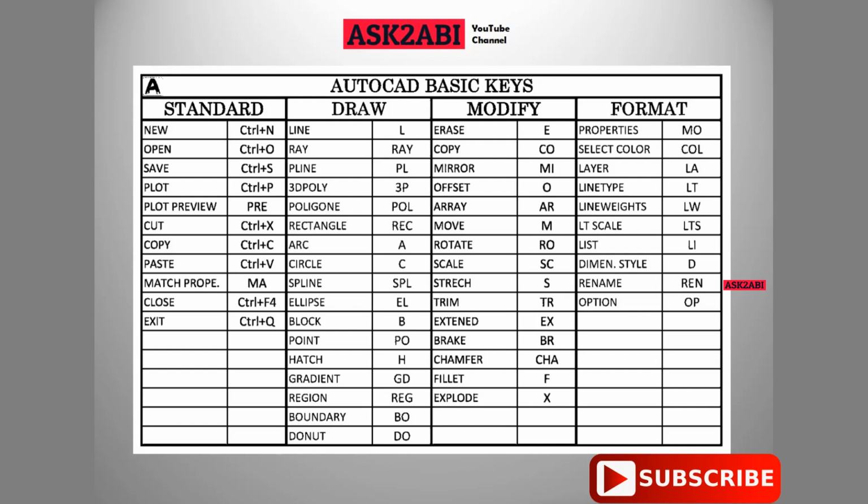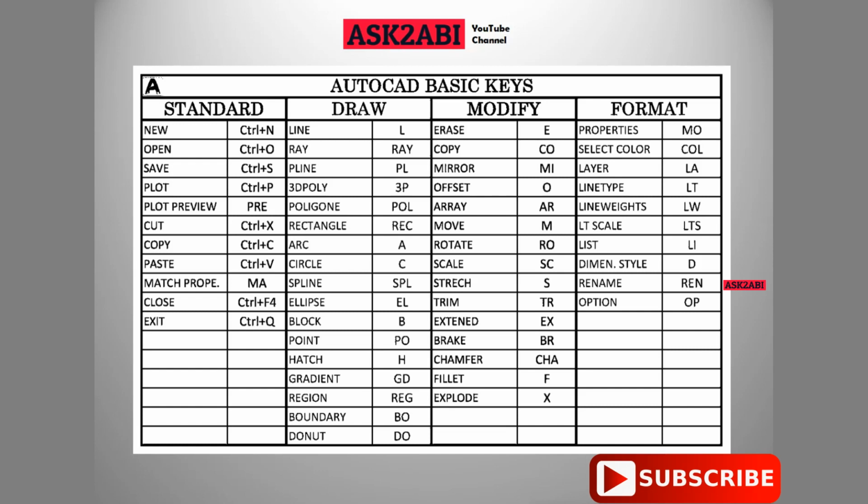For properties, you can press MO or Ctrl 1. To select color, you can use COL. For layer, you can use LA. For line type, you can use LT. For line weight, you can use LW. For line type scale, you can use LTS.